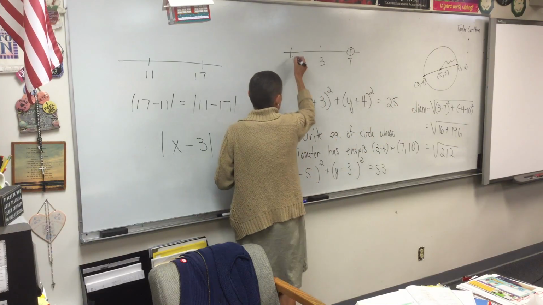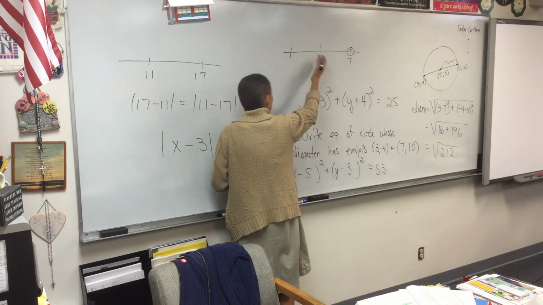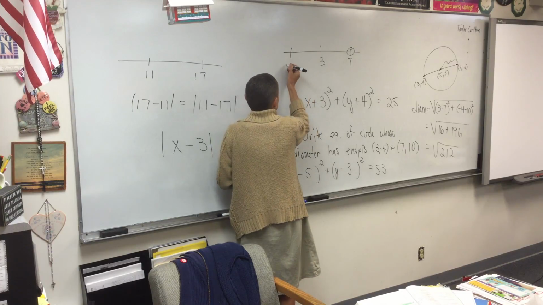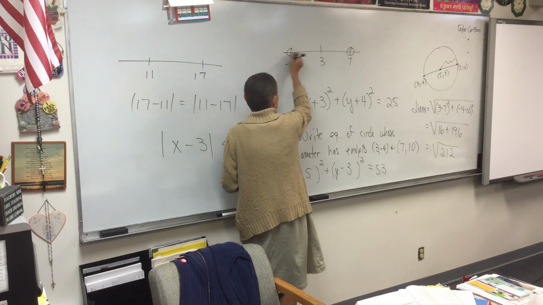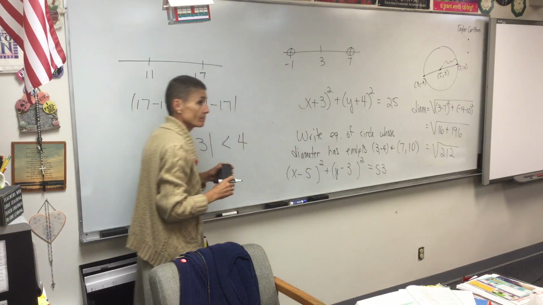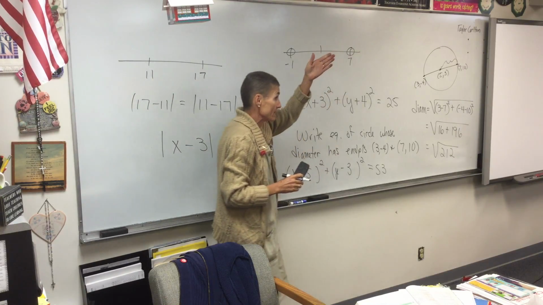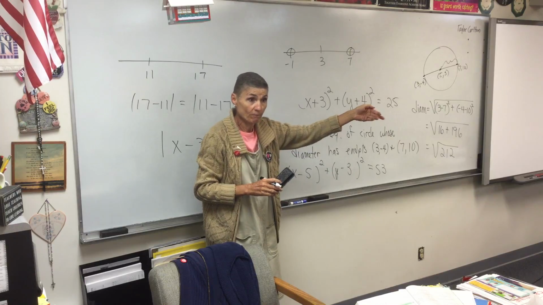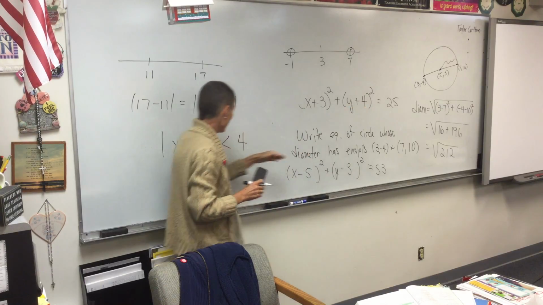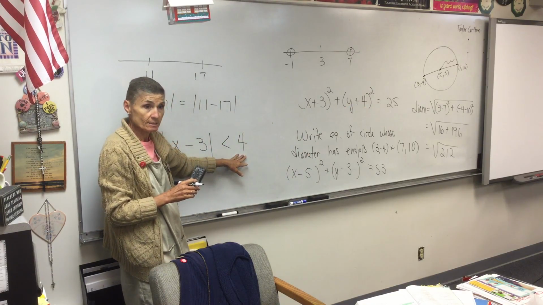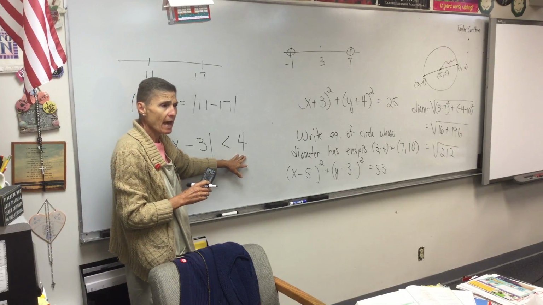What about the other direction? What would the lower boundary be? -1. Those 2 points are exactly 4 units away from 3, but I want to be less than 4 units. Where's that?